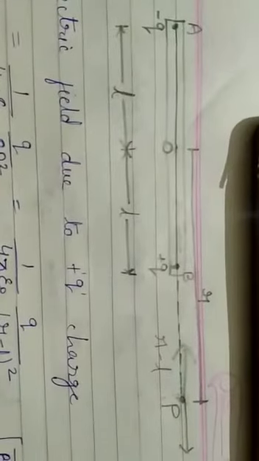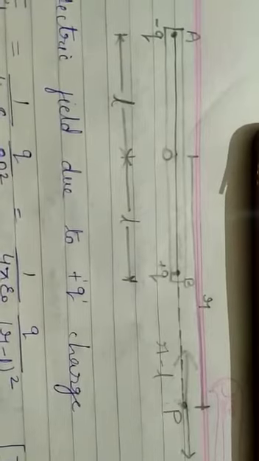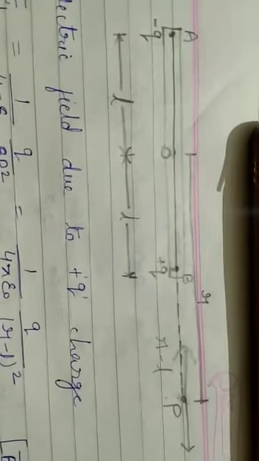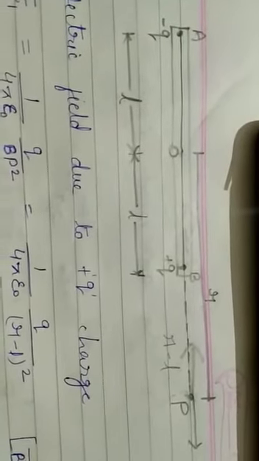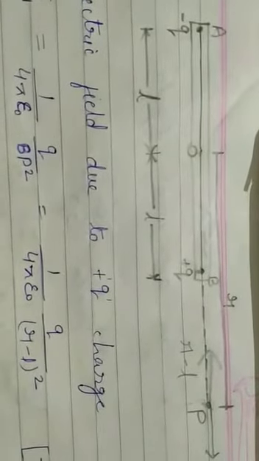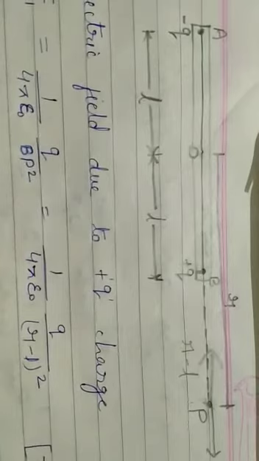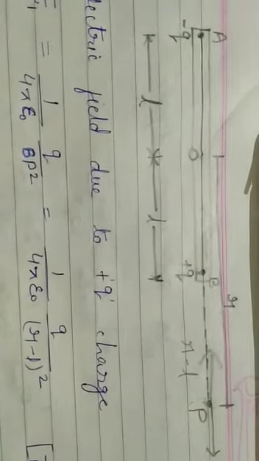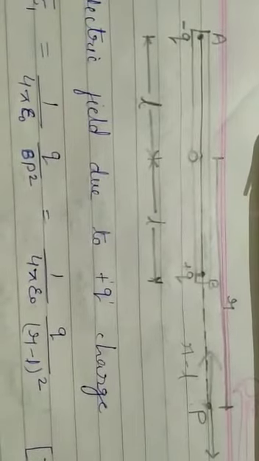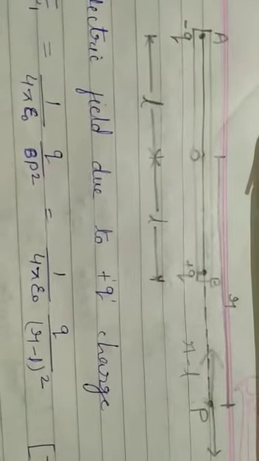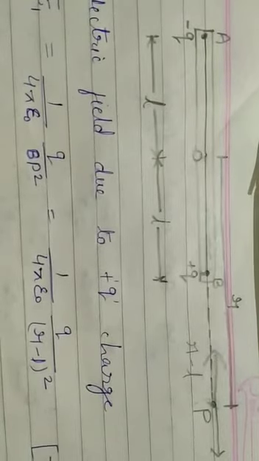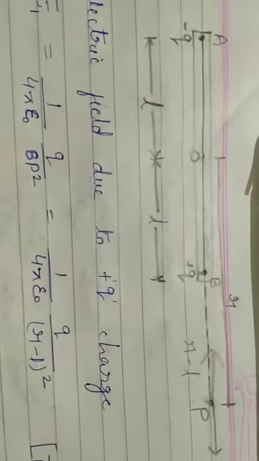So let us again go to the diagram. Here plus q and minus q, both the charges are applying force on P, but because the plus q charge is close to P, its effect will be greater than the effect of minus q. So the resultant field direction will be the direction of the field applied by plus q.